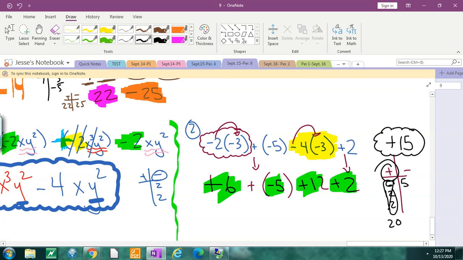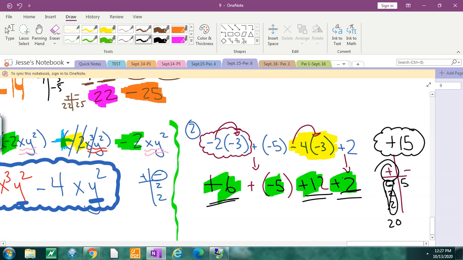Now, here is where Matthew and other kids, Ethan, you did in your mind. This is where I don't want you to do in your mind, okay? Because you can't do that. So I want you to do this, and then I want to see which ones you're going to combine. All right, so I'm going to go ahead and combine the 6 plus the 12 plus the 2.